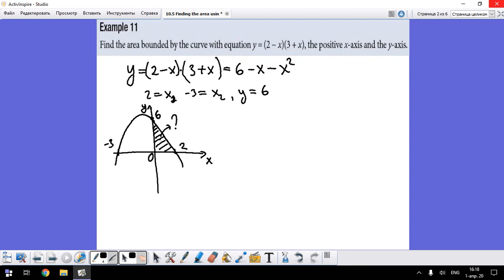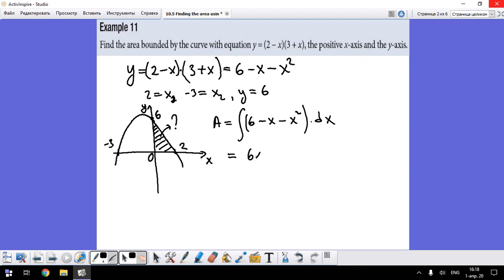Let's find the area. Before finding the area, as you know the formula, let's write it here. Let's take the integration of 6 minus x minus x squared, multiplied by dx. So what should be the area of this function? First, let's integrate it.